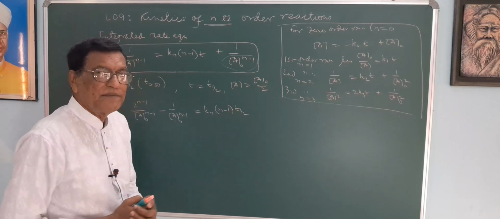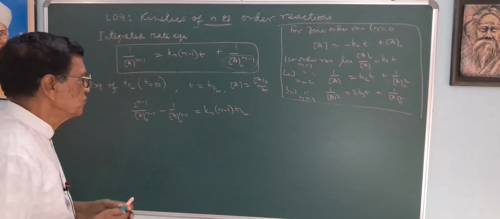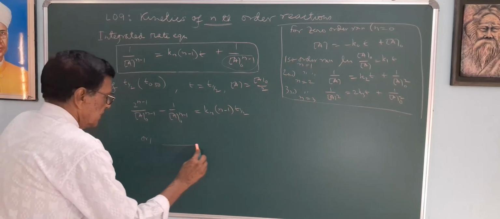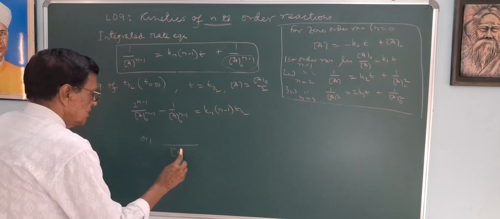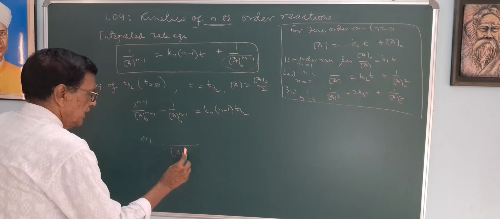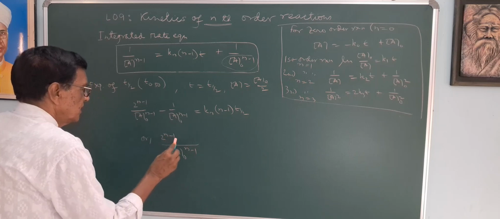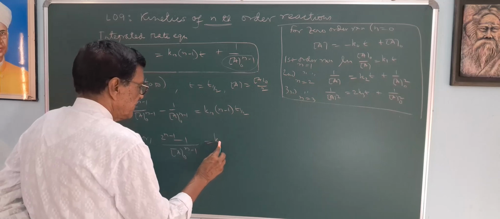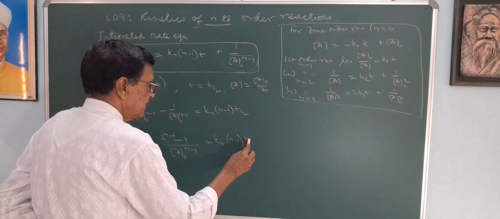You can write t half or t 0.50 or 50% decomposition. So it will be equal to this concentration of A0 to the power n minus 1, here 2 to the power n minus 1 minus 1 equal to Kn (n minus 1) and t half.